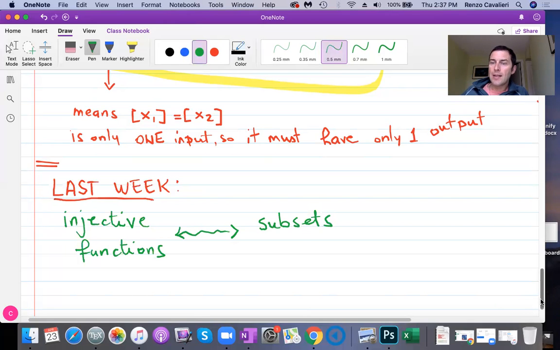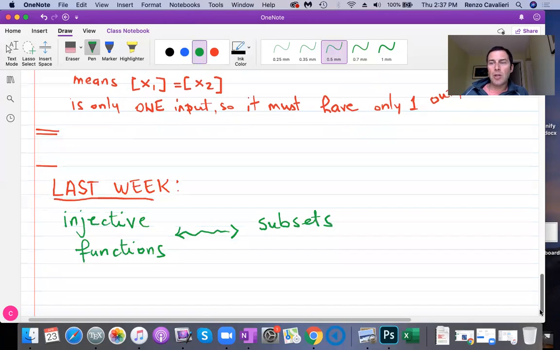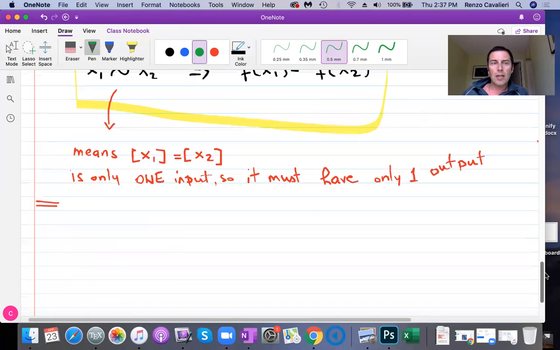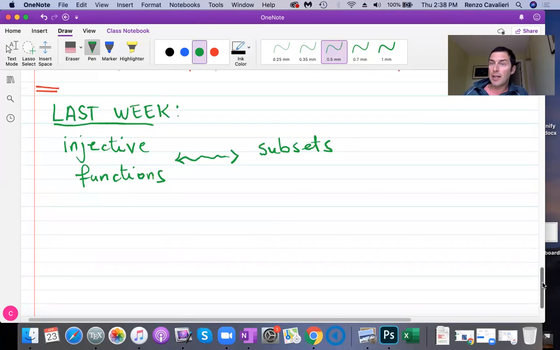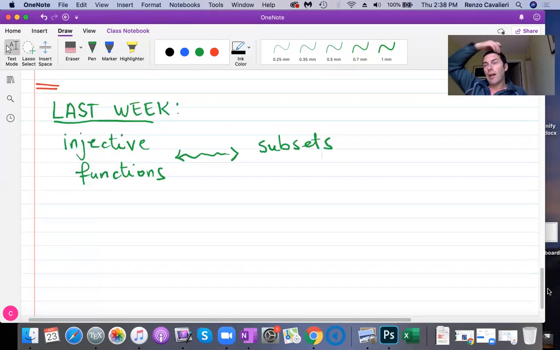In the sense that every time you have an injective function, you get a subset, which is the image of the input set inside the output set. Vice versa, every time you have a subset, you can think of it as the input set itself and the inclusion function that just sends every element to itself, and that's an injective function, right? And then we said, okay, we want to find a similar statement for surjective functions.